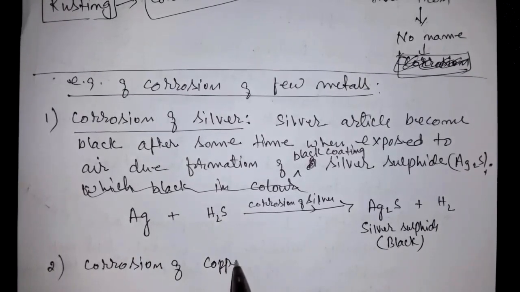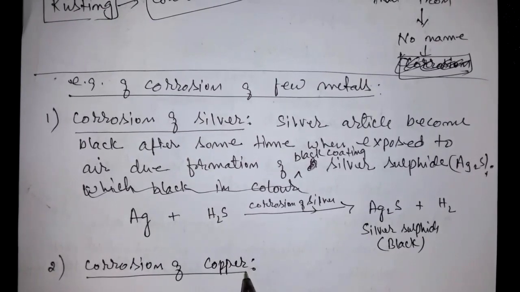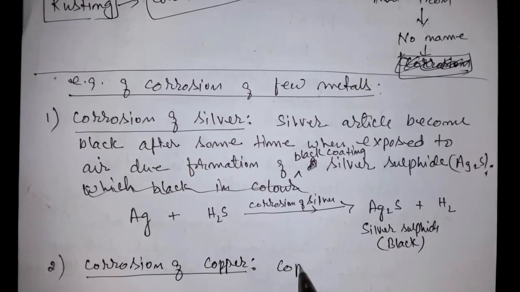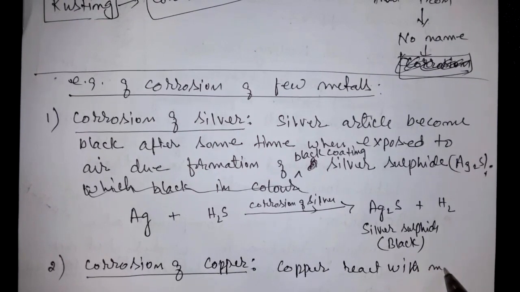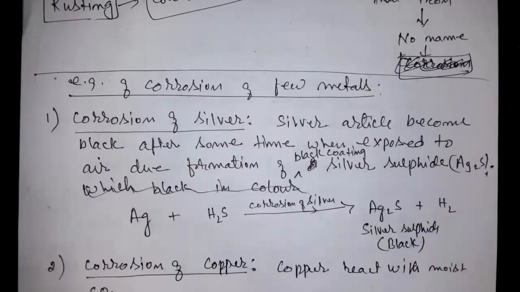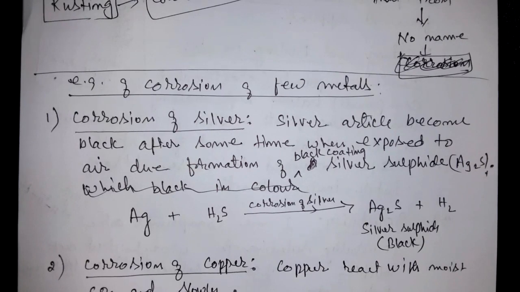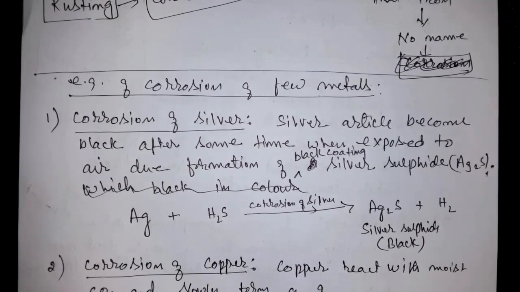Copper reacts with moist carbon dioxide and slowly forms a green coating, a green coating of basic copper carbonate.